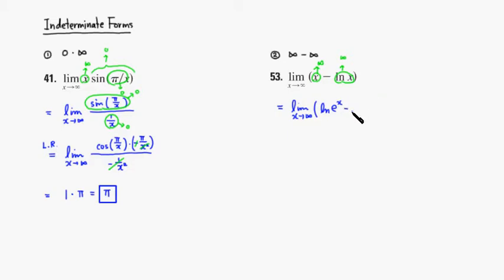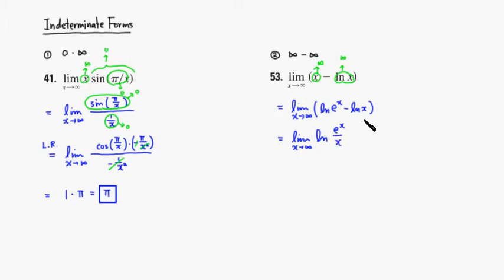So minus the natural log of x. Then we can use the log property: if you have a subtraction outside, we can write it as a single log, but it's going to be division inside. So we can write it as the limit as x approaches infinity of the natural log of e to the x divided by x.